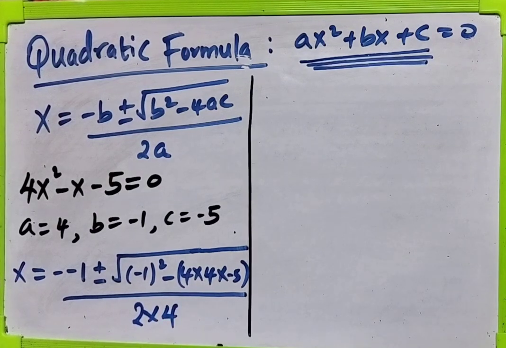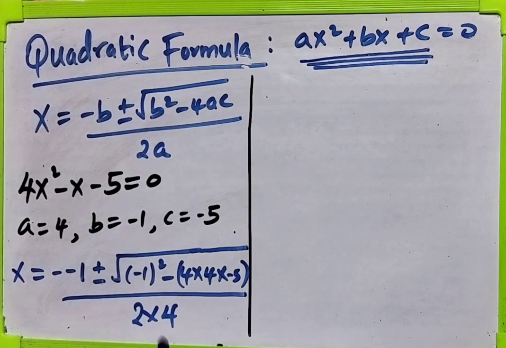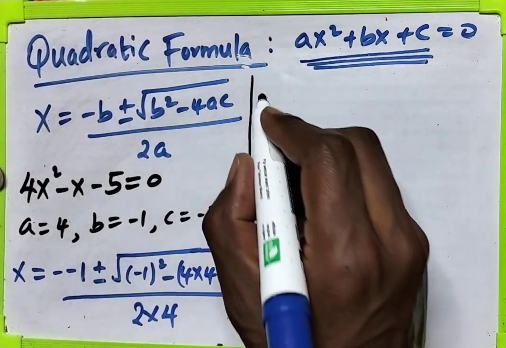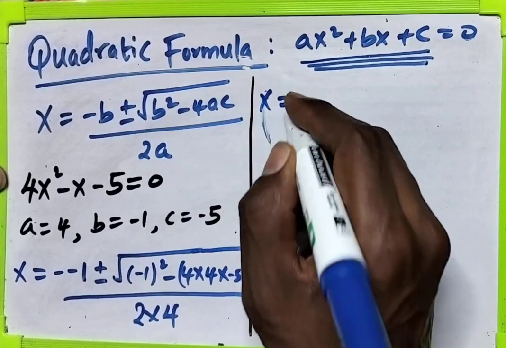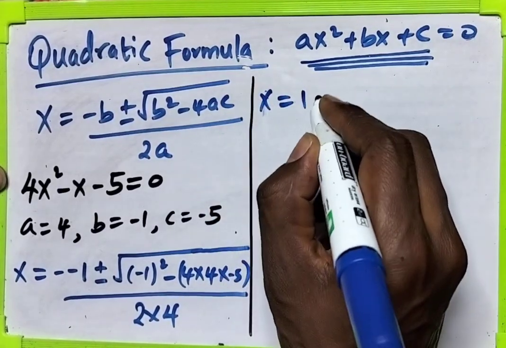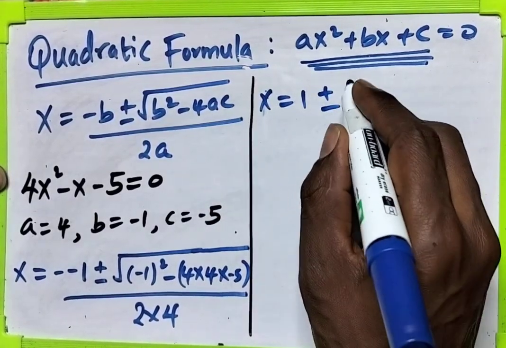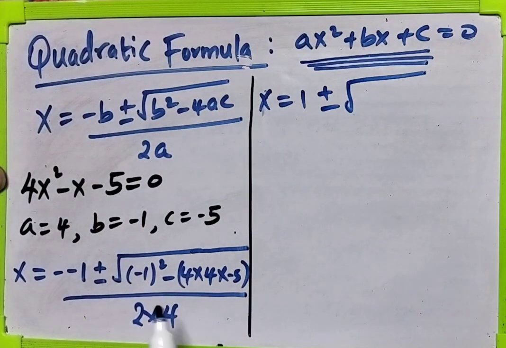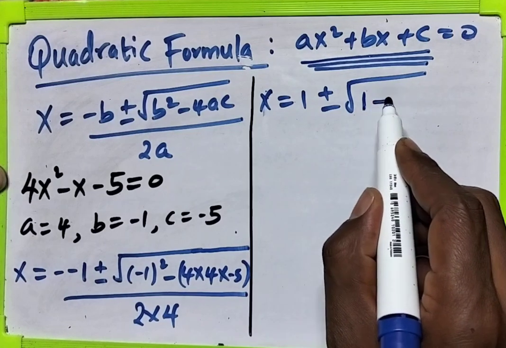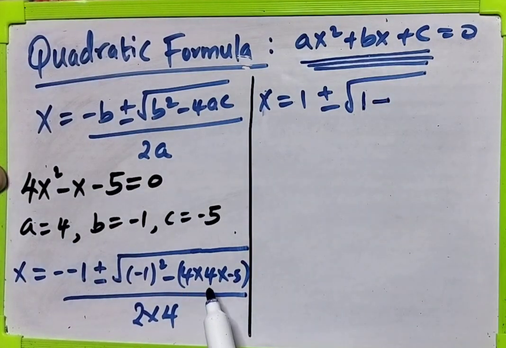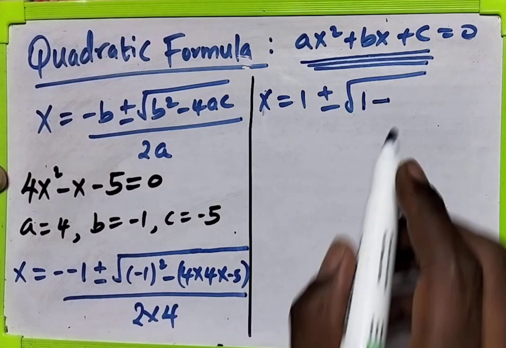So simply we go with the steps. -(-1) is +1. So our x is equals to 1 plus or minus the square root of (-1) squared, which is 1, minus 4 times 4 times -5. That is 16 times -5, which is -80.